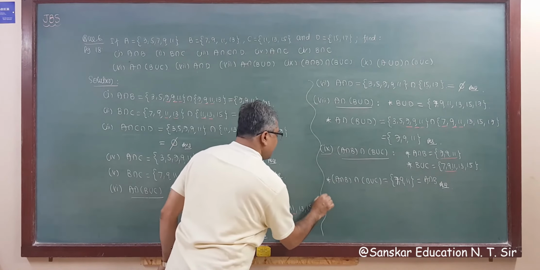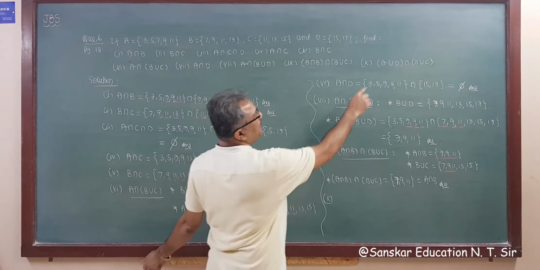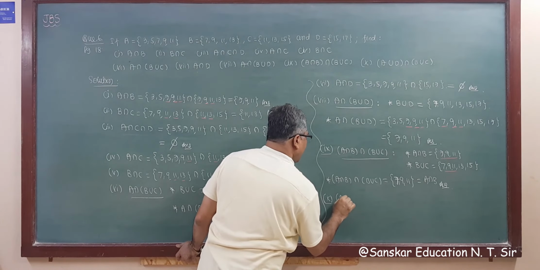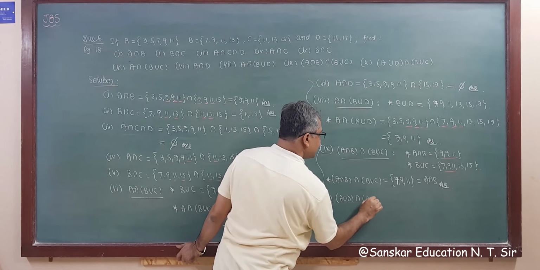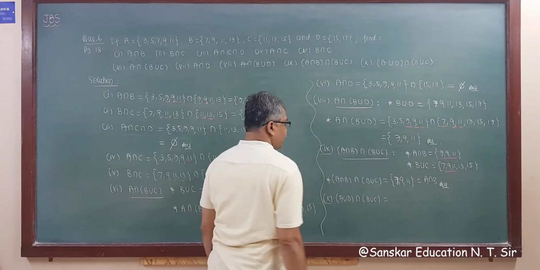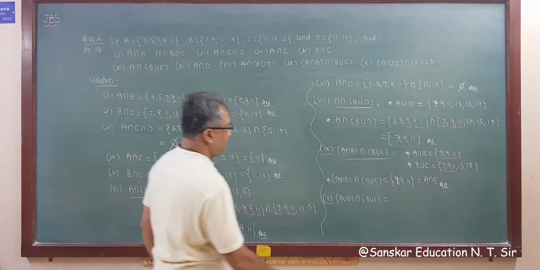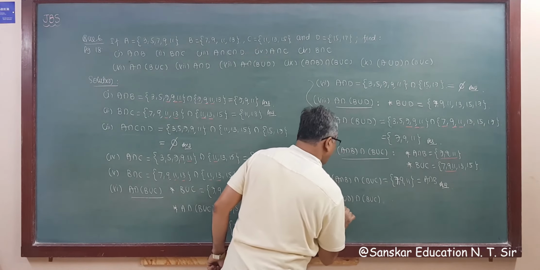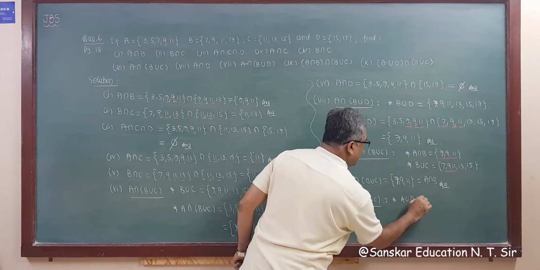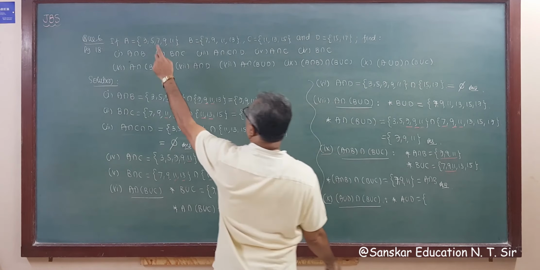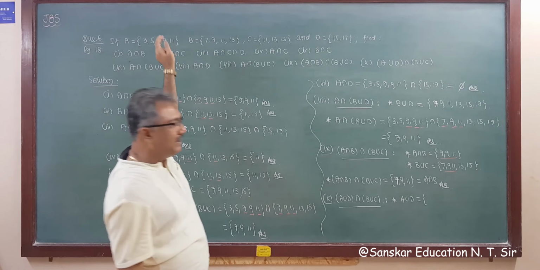Right? And question number 10. Question number 10 is A union D intersection B union C. So first we have to find A union D. Now A has elements 3, 5, 7, 9 and 11.